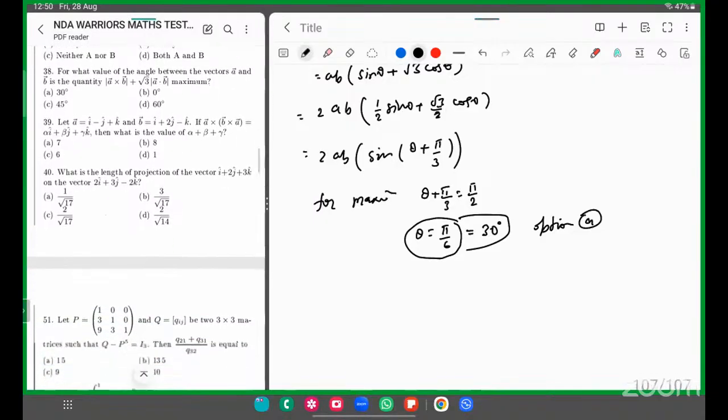Next, 39. A vector and B vector B. If A vector cross B vector plus C vector continues, then what is the value of alpha plus beta plus gamma? Okay.